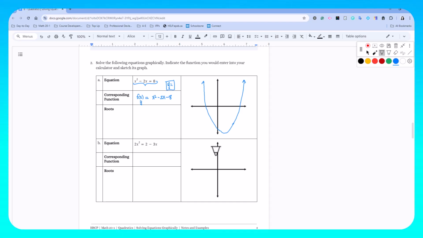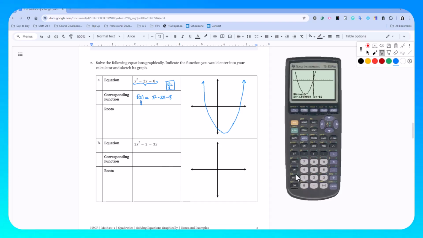Now, if we look closely at the graph, and we can do that through the table function, just let me remind you what that is again. On the graph, we're going to clear this one out, and we're going to put x squared minus 2x minus 8. Now remember, we can hit the graph button like this. And here we go. There it is.